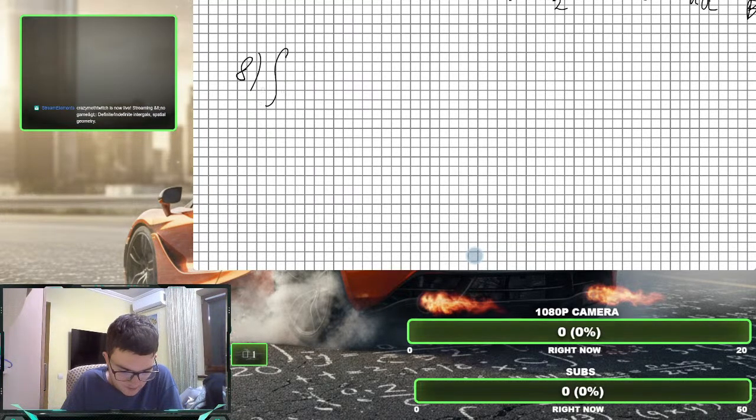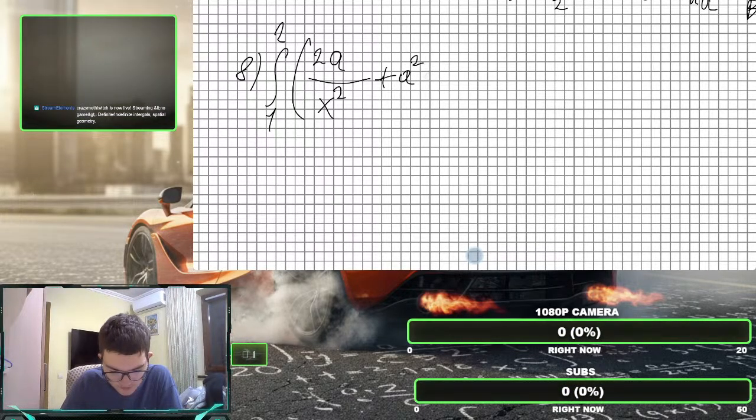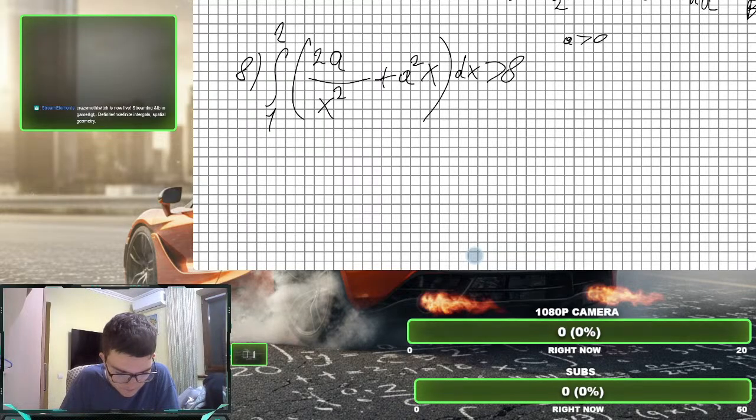So integral from 1 till 2, and here 2a divided by x at the second power plus a at the second power times x, and here dx, all of this must be bigger than 8, and there a is bigger than 0. Basically find a.